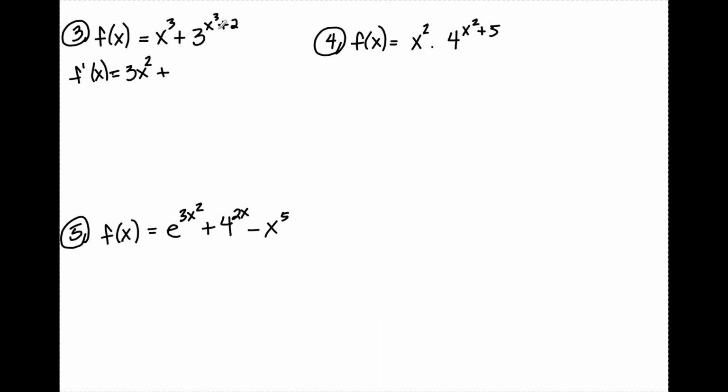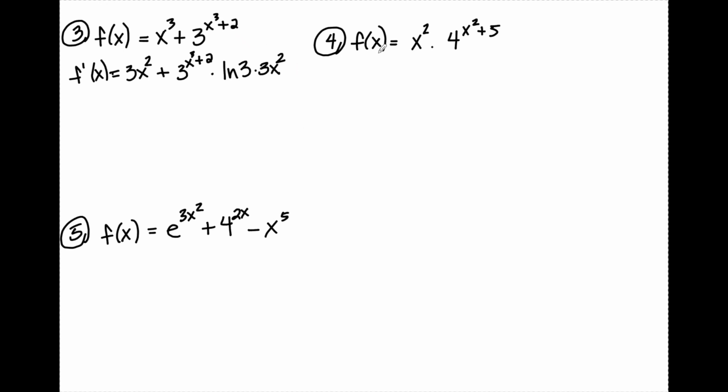This is an exponential. So I have to use the a to the u rule. So the a to the u rule is copy, ln the base times the derivative of the exponent. So copy 3 to the x cubed plus 2, ln the base, ln 3, times the derivative of the exponent. The derivative of x cubed is 3x squared, plus the derivative of 2 is 0, so I don't need to write that.